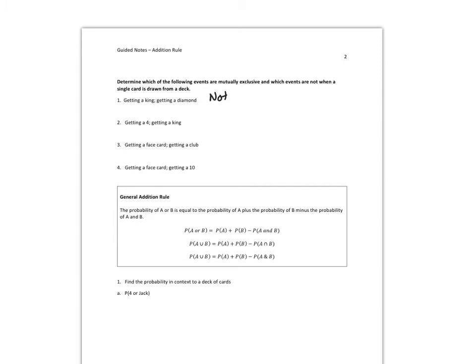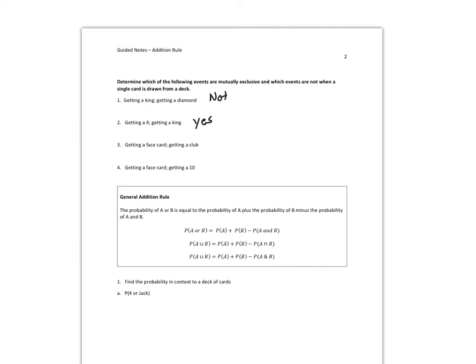Okay, you're going to pull one card out. Could you get a 4 and get a king at the same time? No, you couldn't. So yes, they're mutually exclusive. A face card is a king, queen, jack. Could you pull one card out and get a face card and get a club?